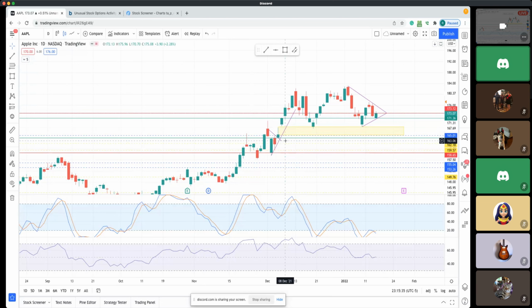I love the idea of it because there's not going to be too many times it turns into an inside day that doesn't break the previous day high or low. Most of the time, especially with a trending chart like SPY, the chart's always trending.